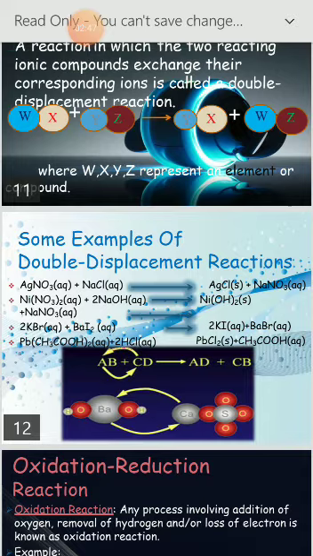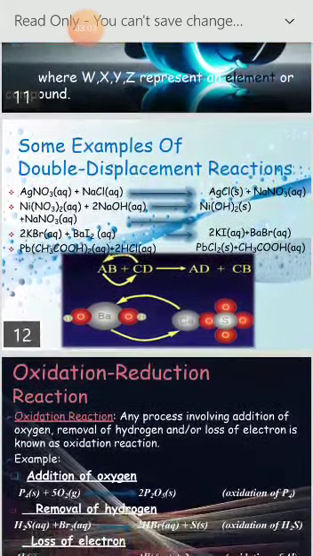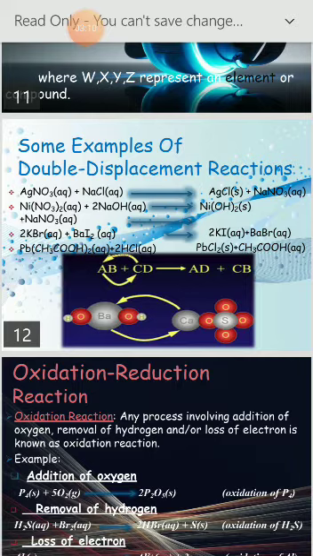So we discussed four types of chemical reactions: combination reaction, decomposition reaction, displacement reaction, double displacement reaction. There are some other types of chemical reactions: oxidation reactions and reduction reactions.